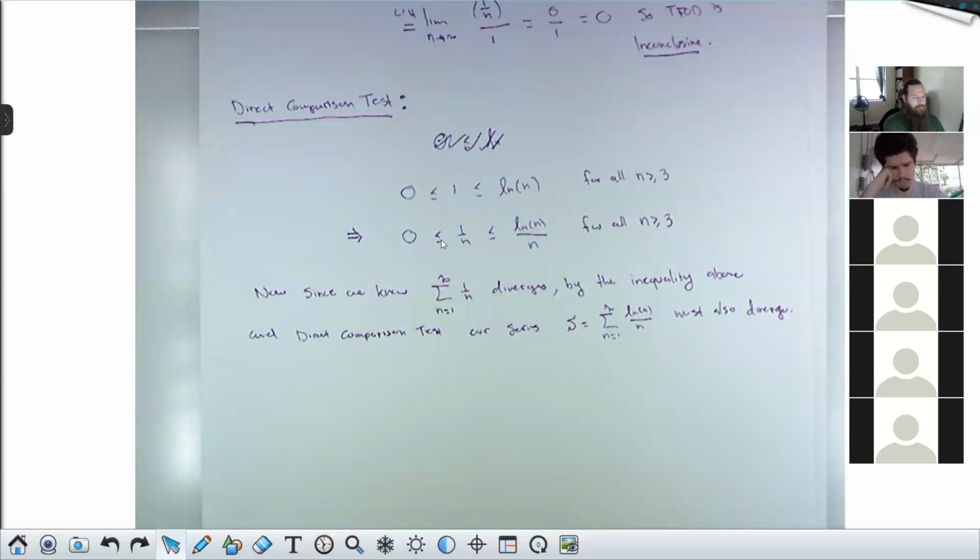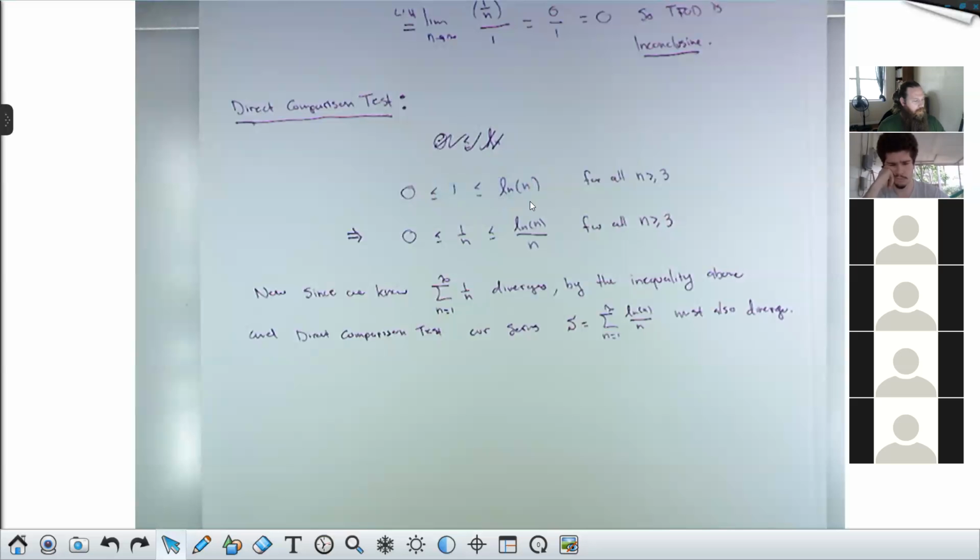How did you choose 1 over n here? That's the big question. First, this observation is fairly easy to jump to. I know that the natural log function gets big. It gets big slowly, but it gets big. So certainly it's larger than 1.